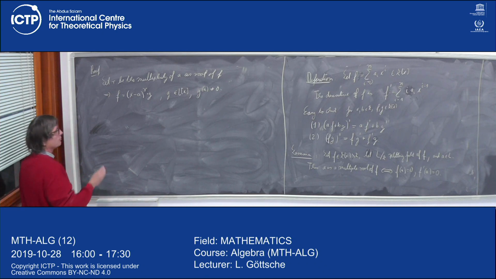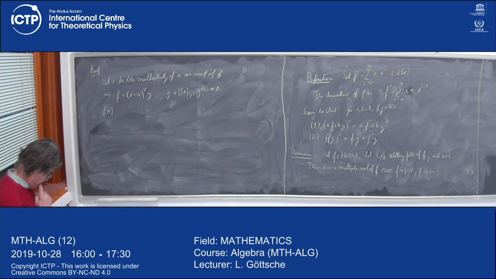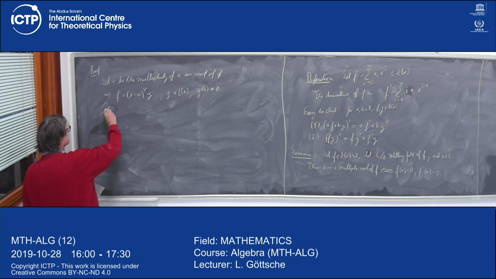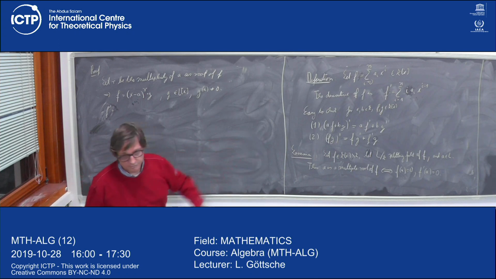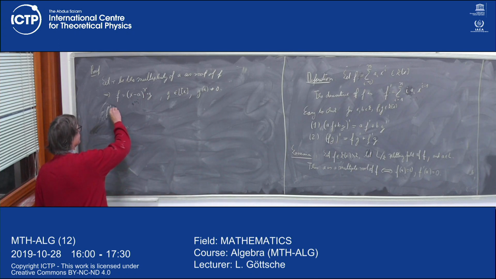Now I compute f prime. If I take (x minus a) to the r, this gives r times (x minus a) to the r minus 1, and you can easily deduce this.